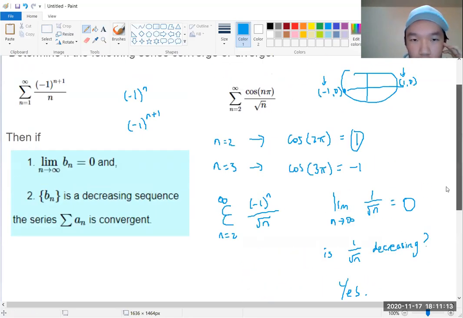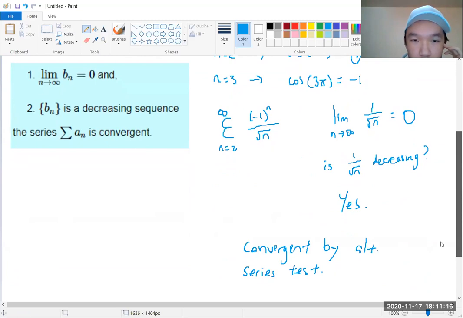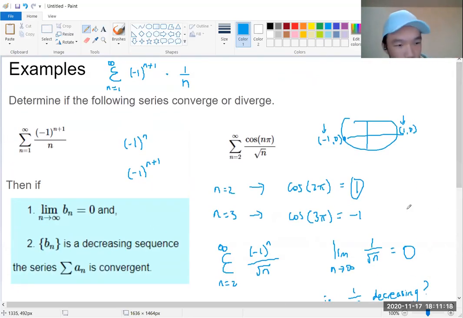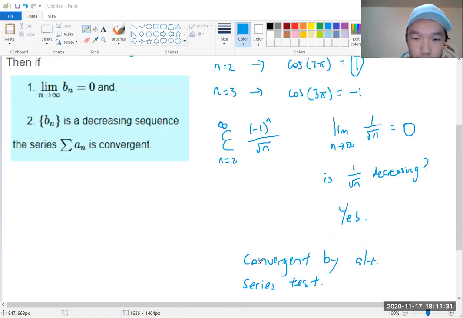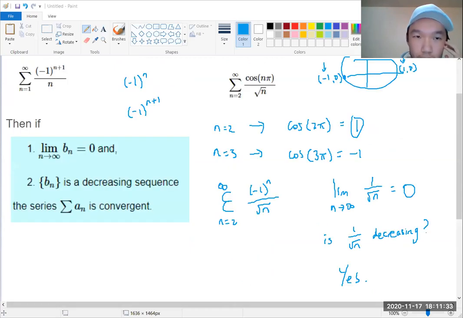Okay, so that's the 3 examples that we have. Any questions on any of those? If there's no more questions, I will have you guys try some on your own.